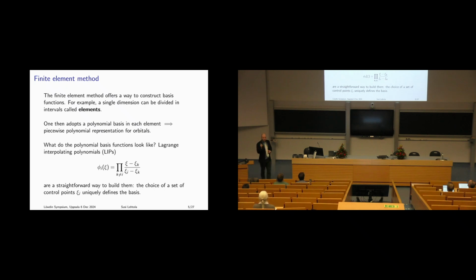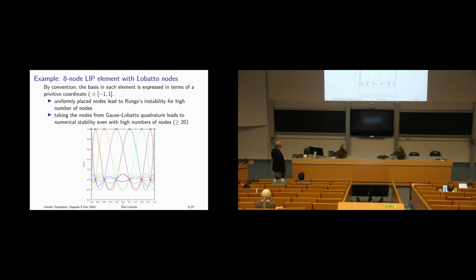So these are really nice for practical purposes. I use this kind of expansion in one dimension, and then I can just do that in many dimensions. These are what these functions look like. You see this Kronecker delta property: all the other ones are 0.